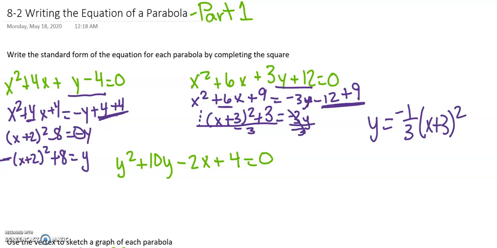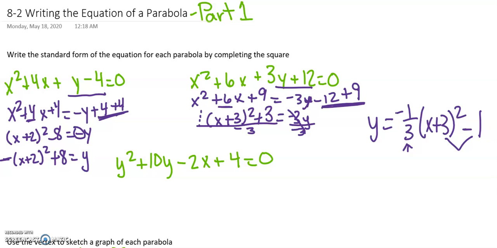And then if we have 3 divided by -3, we have a -1 on the outside. Okay, so we just rewrote it in vertex form. This is our vertex, -3, -1, and then this first term here, the a term, just determines how wide that parabola is going to be.